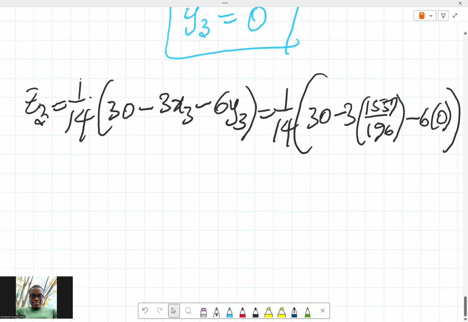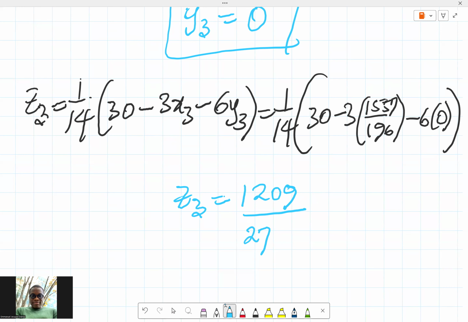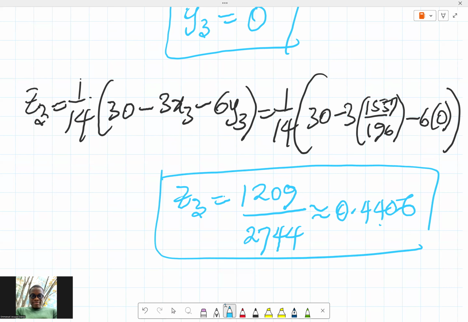Punch your calculator very well, and z3 jumps out at you as 0.4406. Before I do that, I like the fractional part, so that is 1209 divided by 2744, which is approximately 0.4406. So you can see z3 has again increased because it's converging towards 0.6, which should be the actual answer.